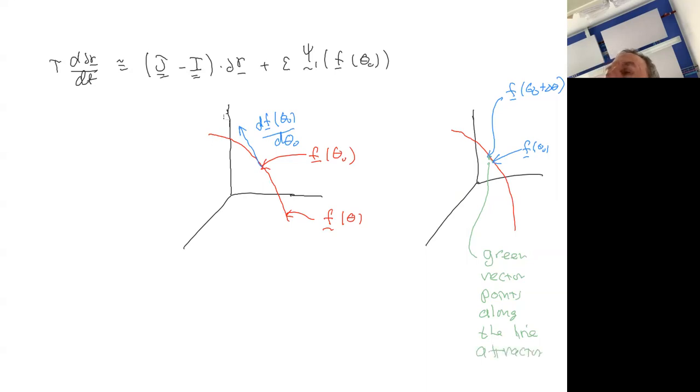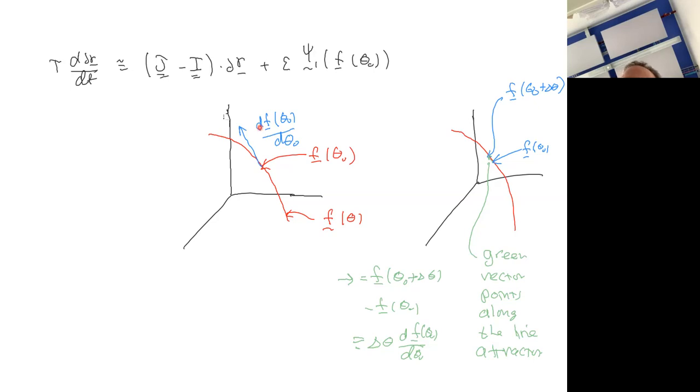So the green arrow is equal to f of theta naught plus delta theta minus f of theta naught, and that's approximately equal to delta theta times df d theta naught. So this direction, df d theta naught, really is the direction along this line attractor. What we really want to know is the component of delta r that lives in this direction.